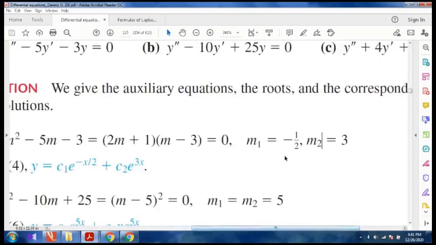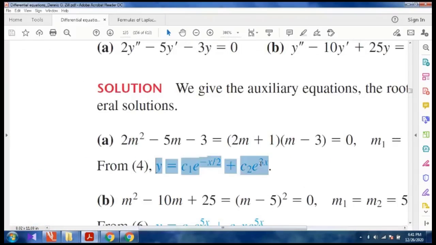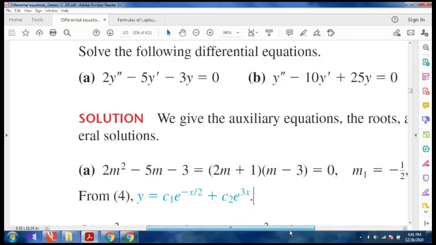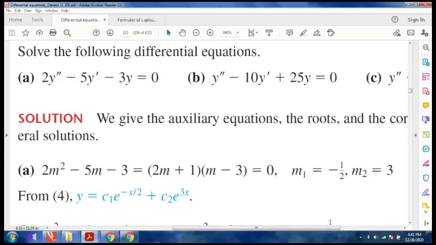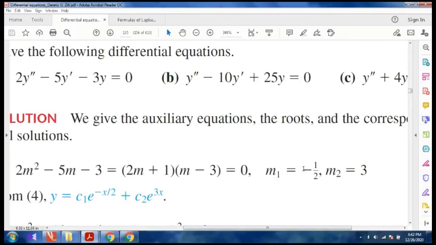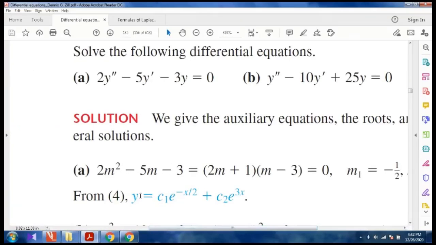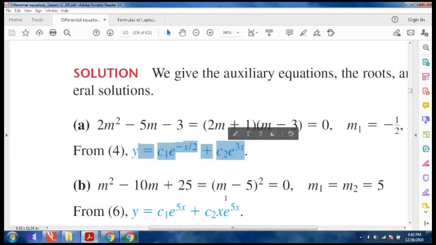Depending on these two solutions, m1 and m2, we have found the general solution, right? These solutions may be real numbers. You can see m1 and m2 are not same but real numbers. So then we can have this solution.